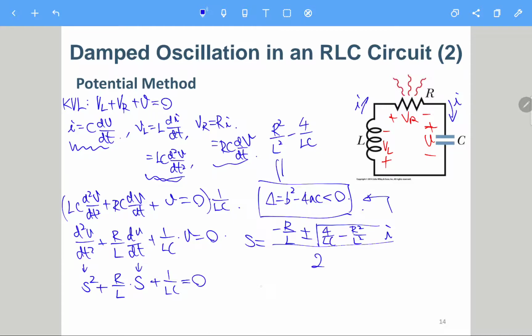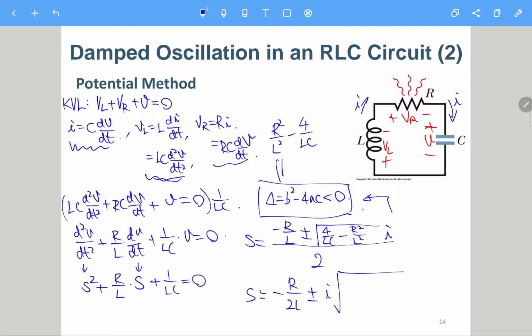Yeah, so actually s will be minus R over 2L, plus or minus i times, we can just divide these two into here.